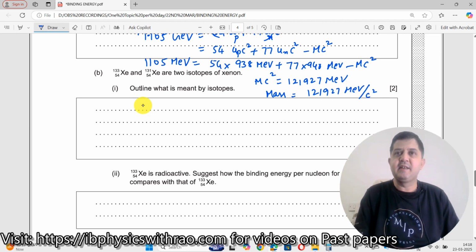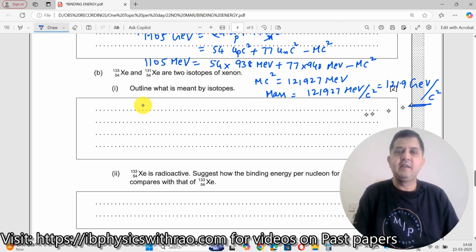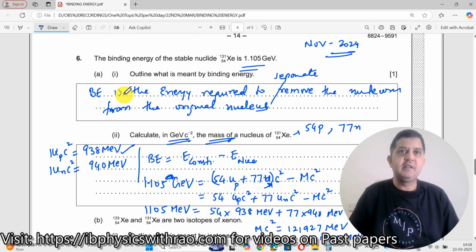If I convert it into giga, this becomes 121.9 giga electron volt divided by c square. This will be the mass of the nucleus. I hope you understood this, right?